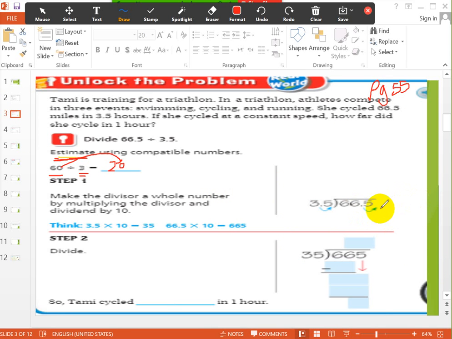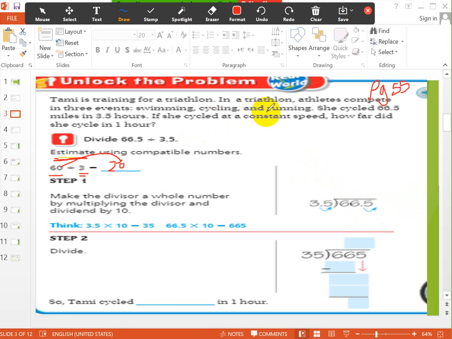I told you, if I multiply the dividend and the divisor by the same power of 10, the quotient will be the same. Why will I use this? Because I want to remove this decimal point. So how will I do that?